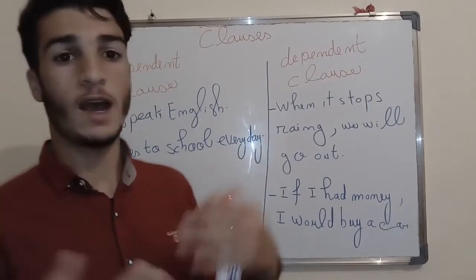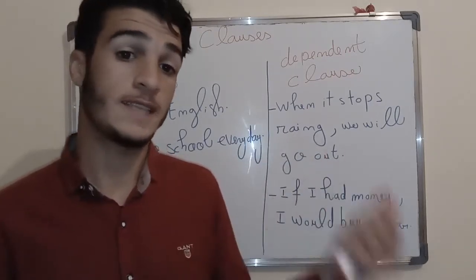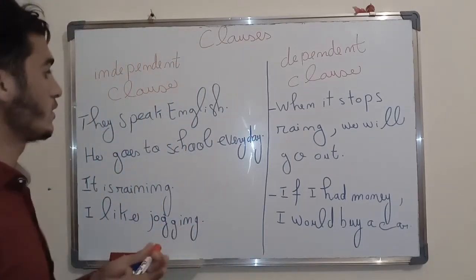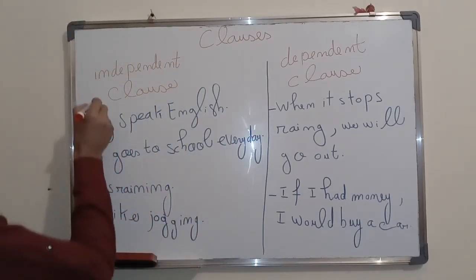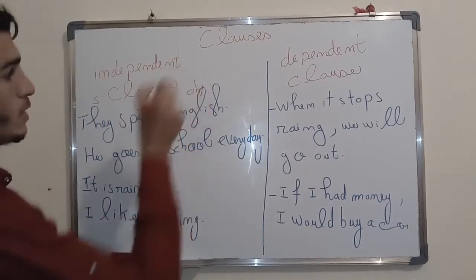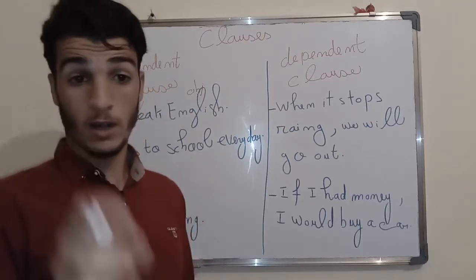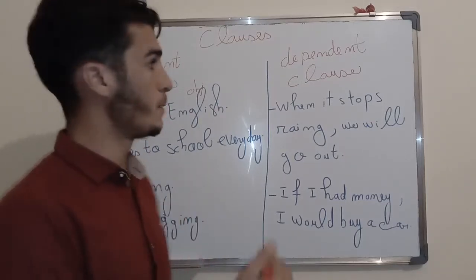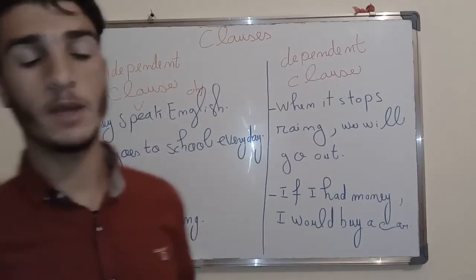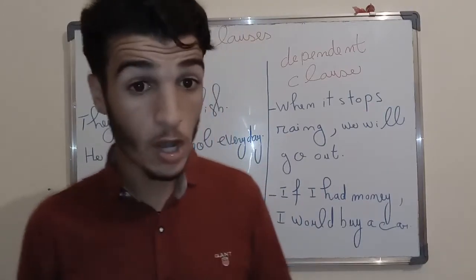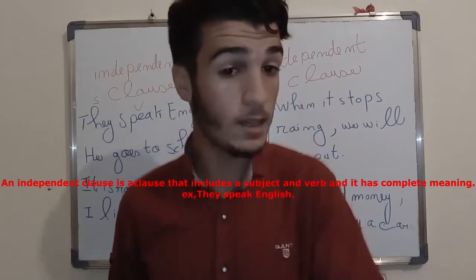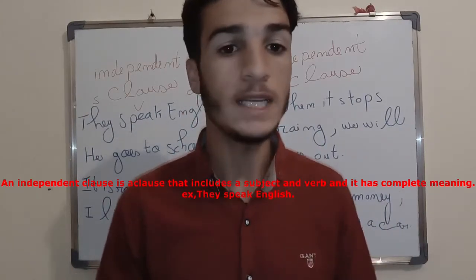Okay, so here we have clauses. As I said, a clause is a group of words that contain a subject and a verb. We have subject, and we have verb, and we have here the object of course. We're talking here about independent clauses. First, what is an independent clause? An independent clause is a clause that contains a subject and verb, and it has complete meaning.